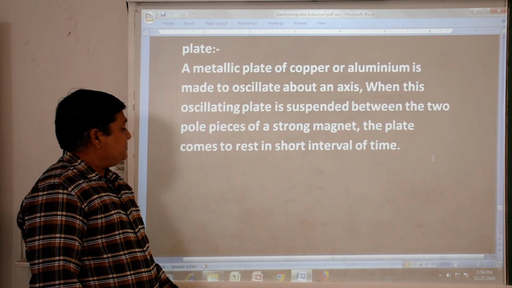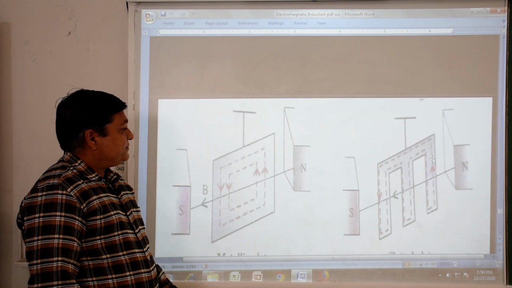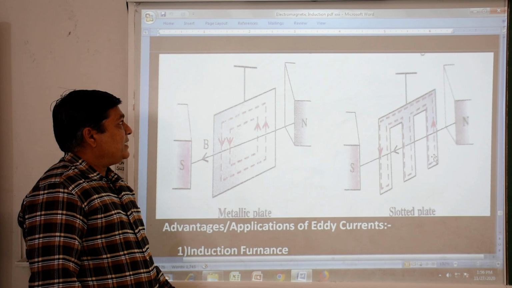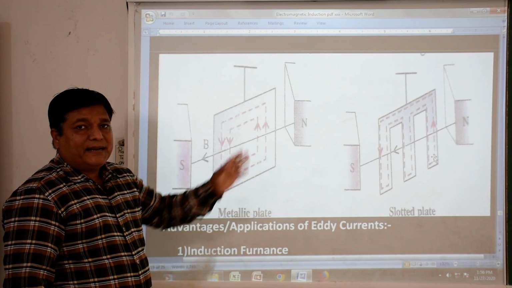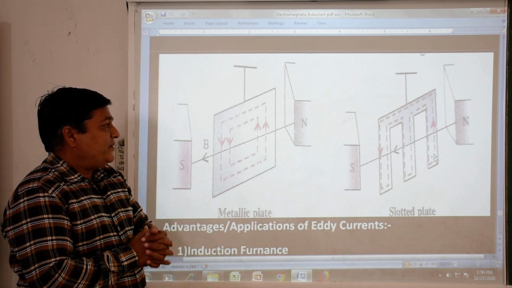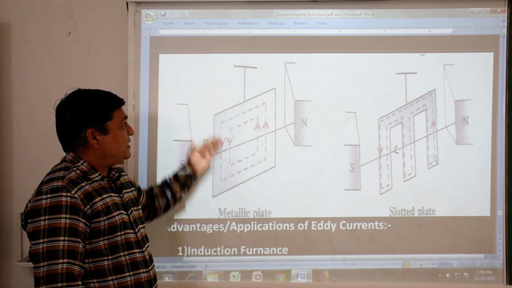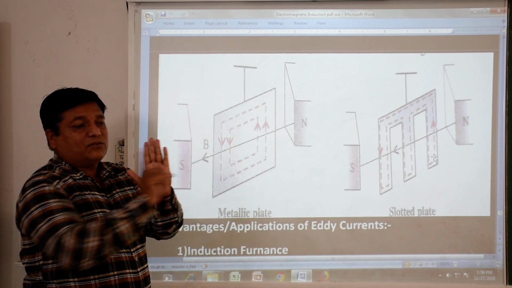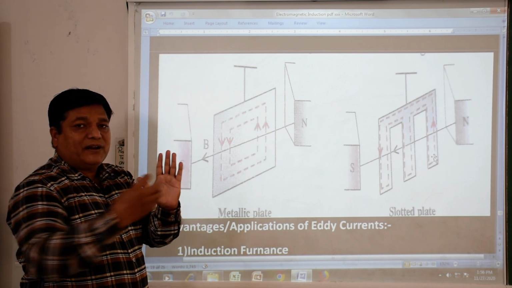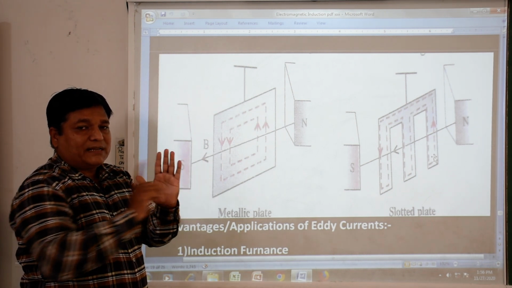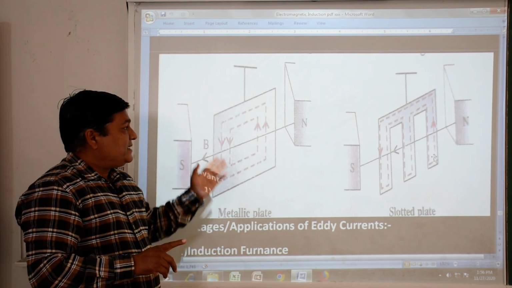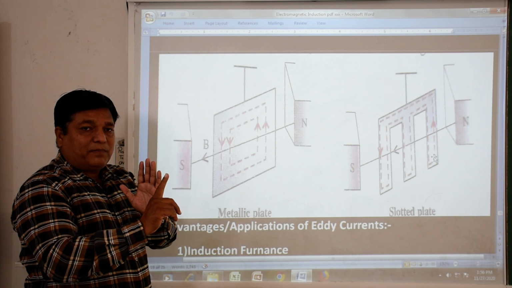Damping of oscillation can be seen in a simple pendulum also, or if a coil or plate is allowed to rotate or move through a uniform magnetic field. When the plate passes through the magnetic field like this, the magnetic flux linked with the plate changes.